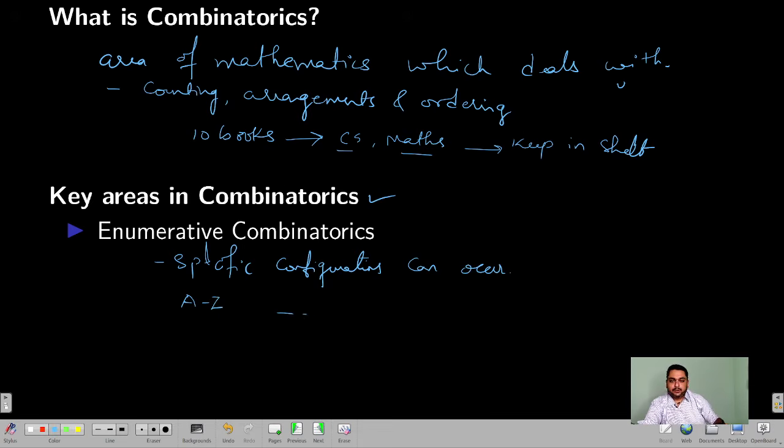Now I want to form a 4 letter password from these characters A to Z uppercase. You can pick any character from A to Z and place it here, here, here, and here, right? So there are many combinations possible. This area we call enumerative combinatorics, or simply counting.